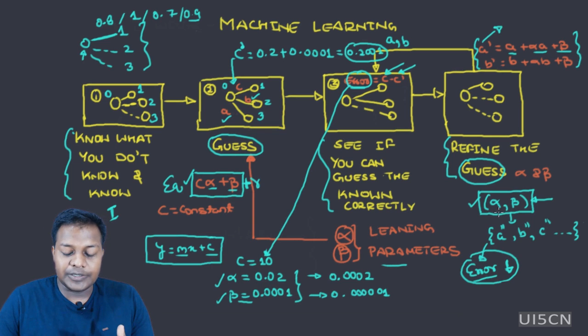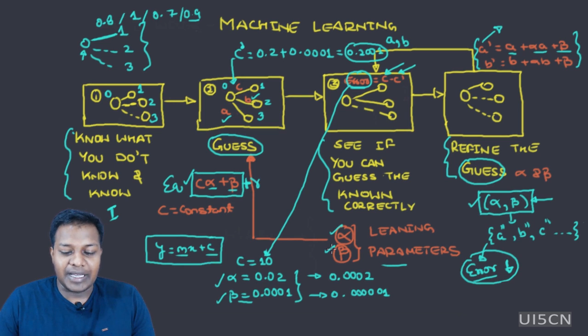Now how this alpha and beta are then further refined, or this entire process of refinement is also technically known as tuning, and this alpha and beta are the learning parameters. So together it is called parameter tuning or learning parameter tuning, and we will be discussing the math side of how we basically from a maths background can assure that we are going the right direction and actually it works.